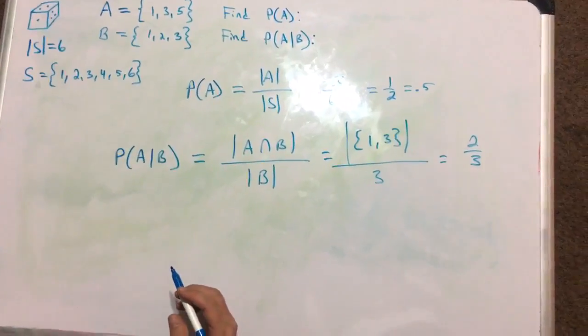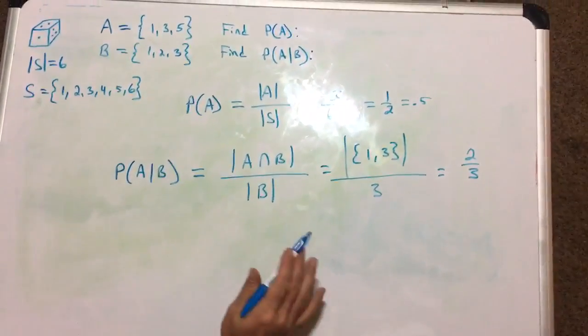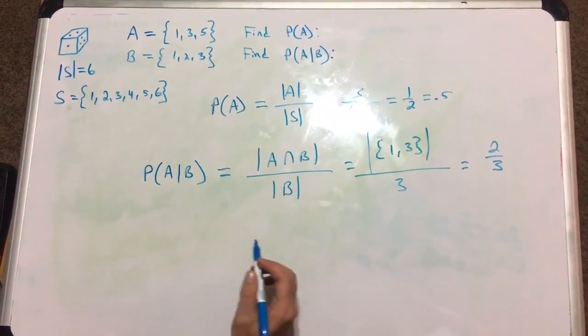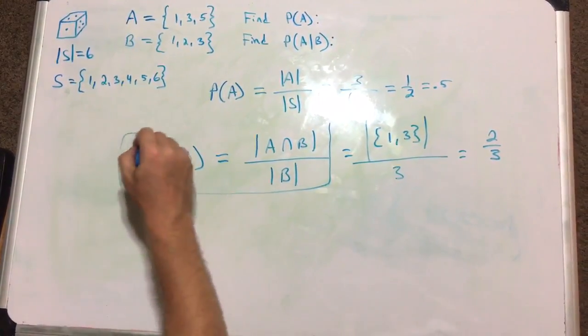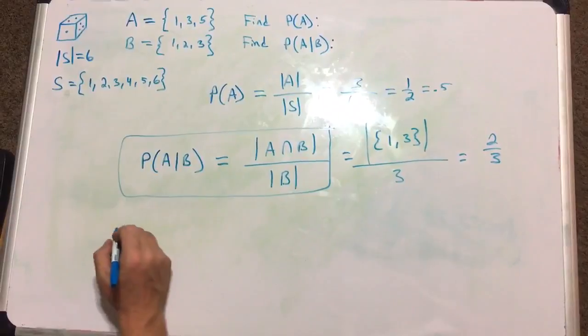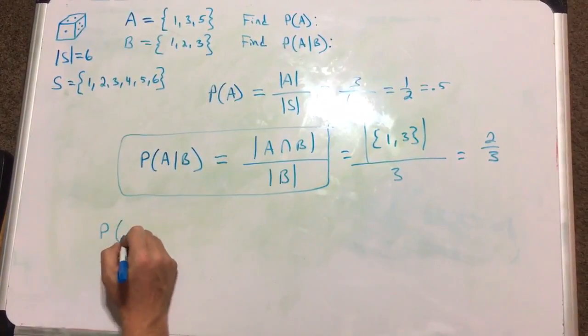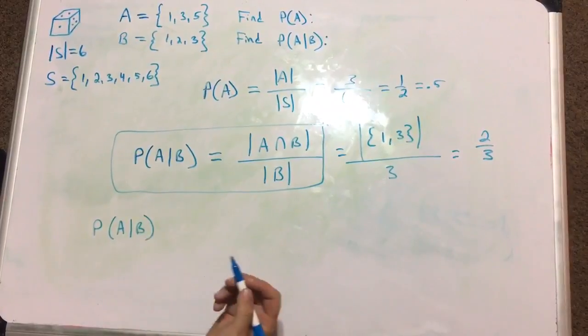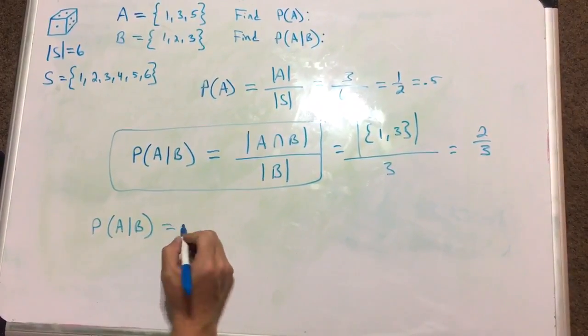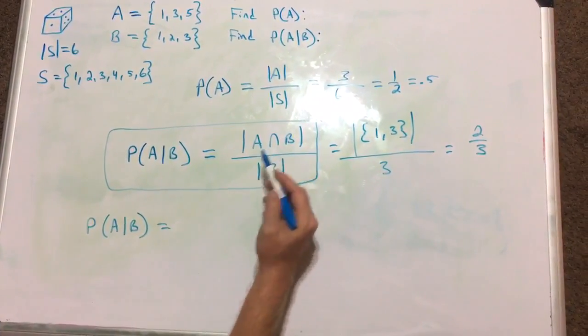Now let me prove this to you another way. Let's make it more generalized. Instead of using this formula, let's generalize it a little bit differently. So we have P of A such that B has occurred, you're going to hear these terms, is equal to, and I'm going to write it out in this form.